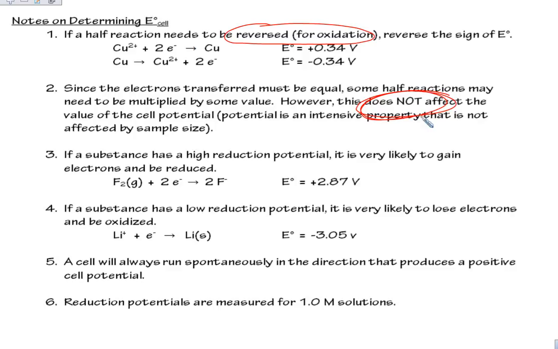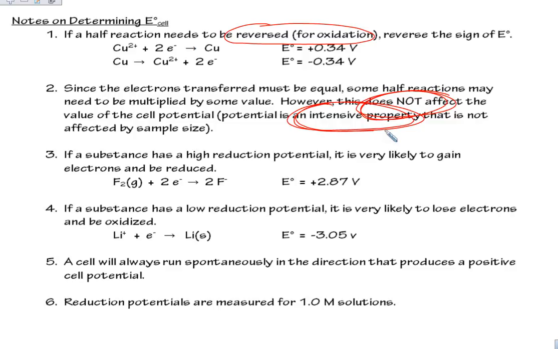People set up the 2 half reactions and then maybe they multiply one of them by 2 to get 2 electrons transferred or something. And then they feel that they need to multiply the delta E value. And you do not. This cell potential is an intensive property, which means it does not depend on quantity or sample size, which here is really the number of electrons flowing through the system.